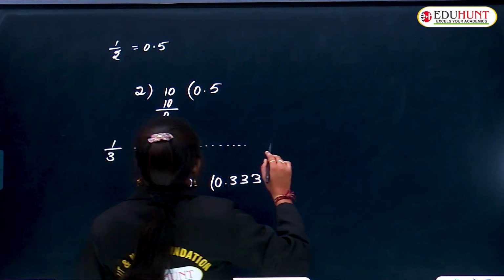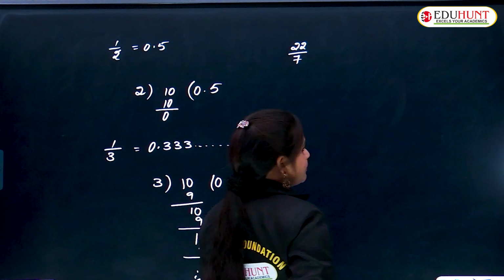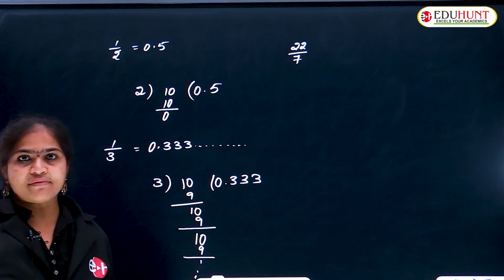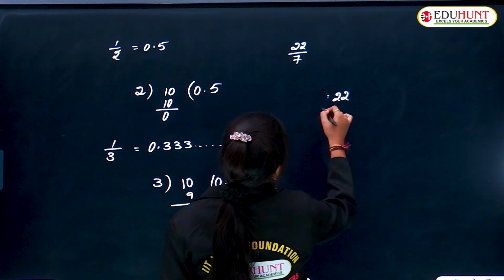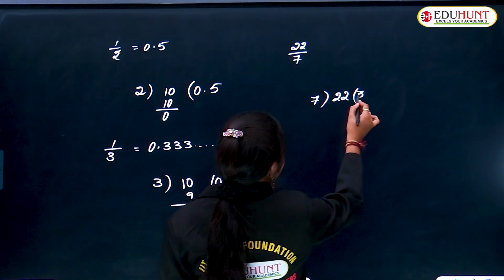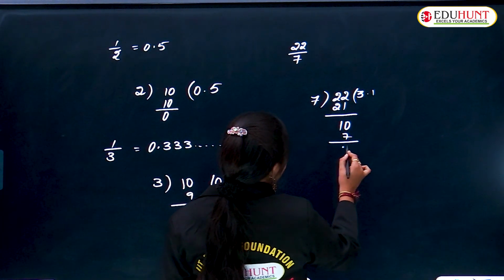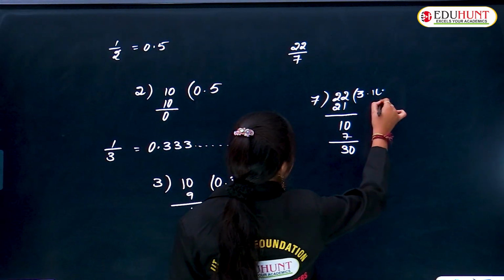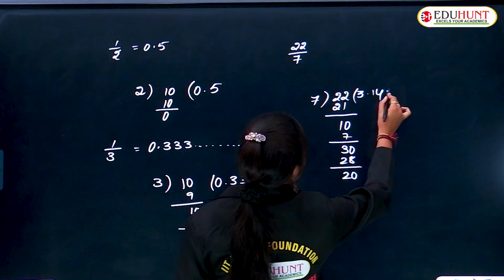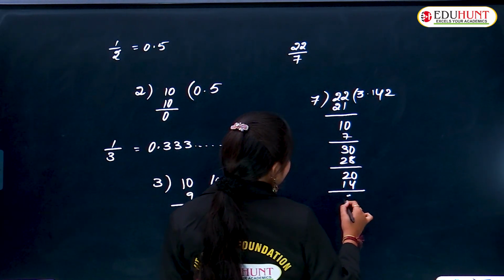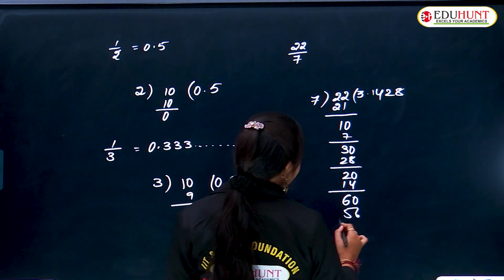One more example: 22 by 7. How much will you get here? See, 22 divided by 7. 7 3s are 21, remainder 1. Then 10, 7 1s are 7. Again 3, 30, 7 4s are 28. Then 20, 7 2s are 14. Again 60, 7 8s are 56.